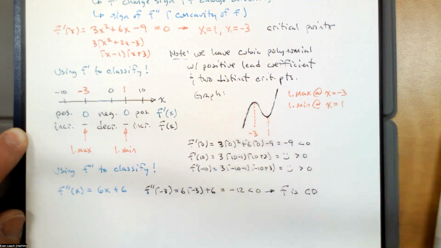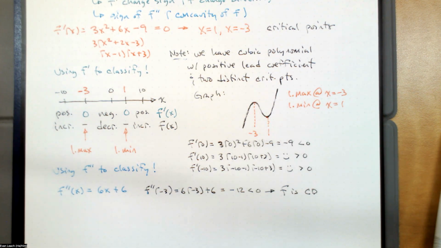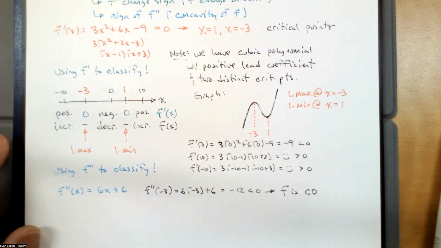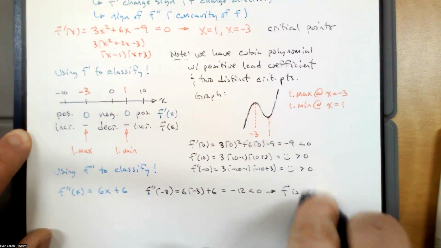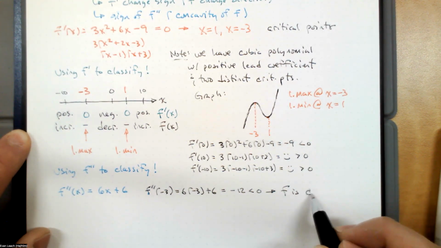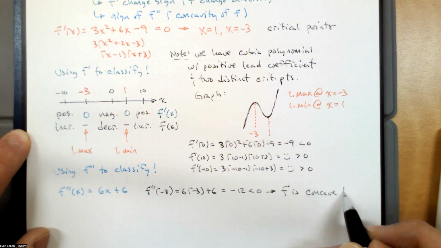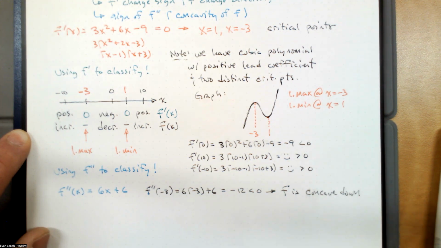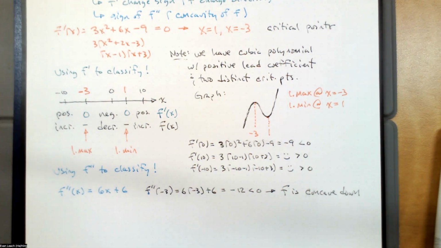We knew that already. f is concave down. Since f is concave down and also flat, we conclude there's a local max at -3.